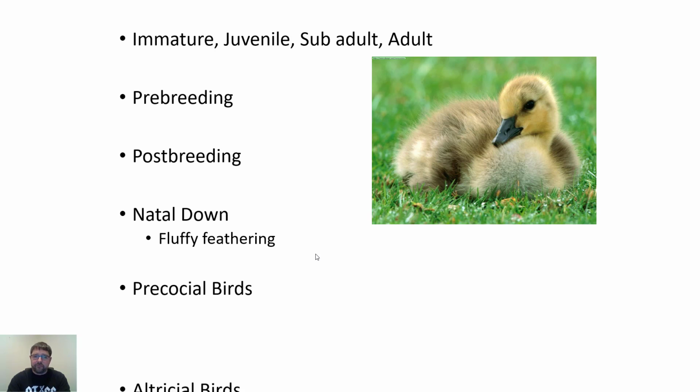Same thing with birds is whether you're a precocial bird, like a goose or a duck, where you hatch with this natal down, but the organism at hatch has the capability of feeding on its own, basically living on its own right at hatch.